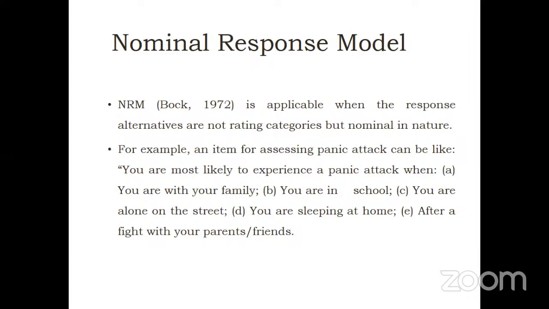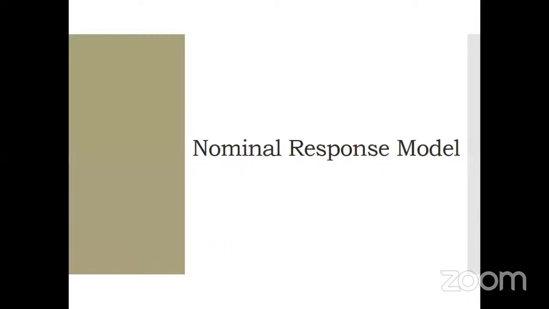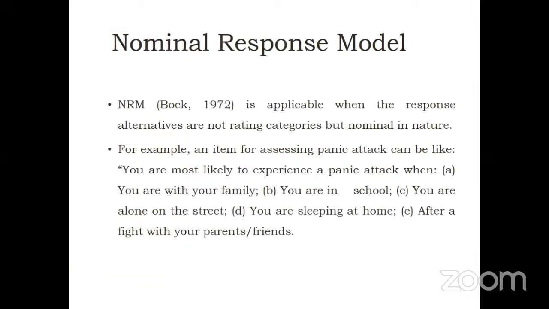So in this type of item, there are no rating categories, and you cannot really place all these options one by one on a scale. All these are nominal categories, right? So in such a case, you cannot apply any of the other models that we just discussed. You have to go for a nominal response model.